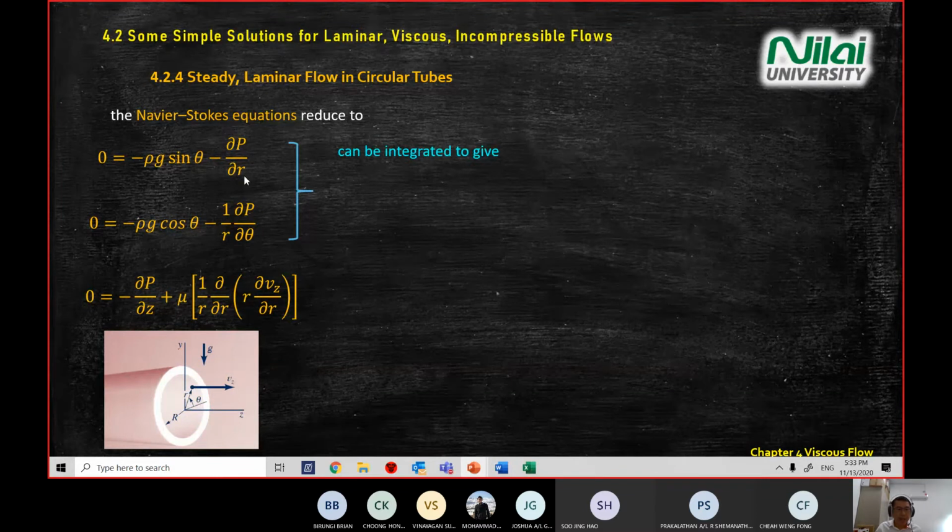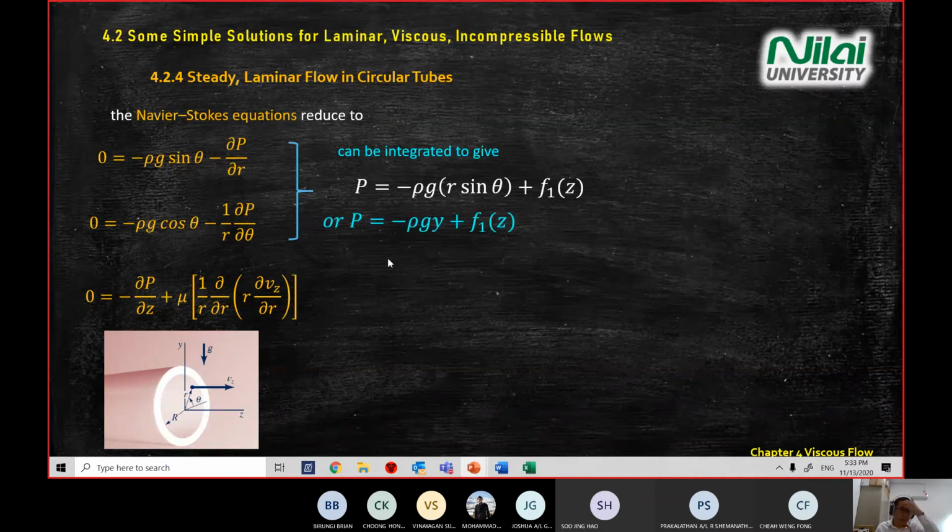And again, all this you see is differentiation. You integrate, you get pressure. Differentiation, you get pressure again. You get a pressure equation with a constant value. And this one, you have a velocity here. So we integrate, and then we get velocity in the Z direction.